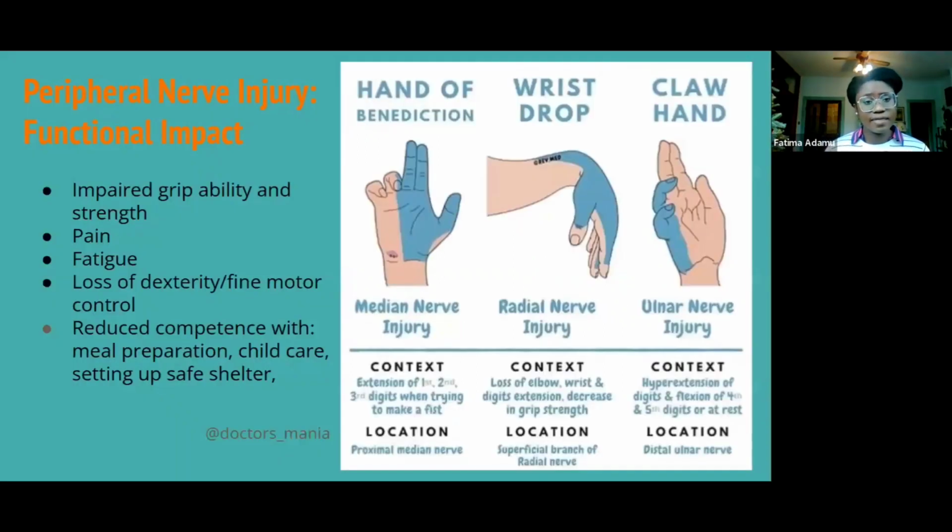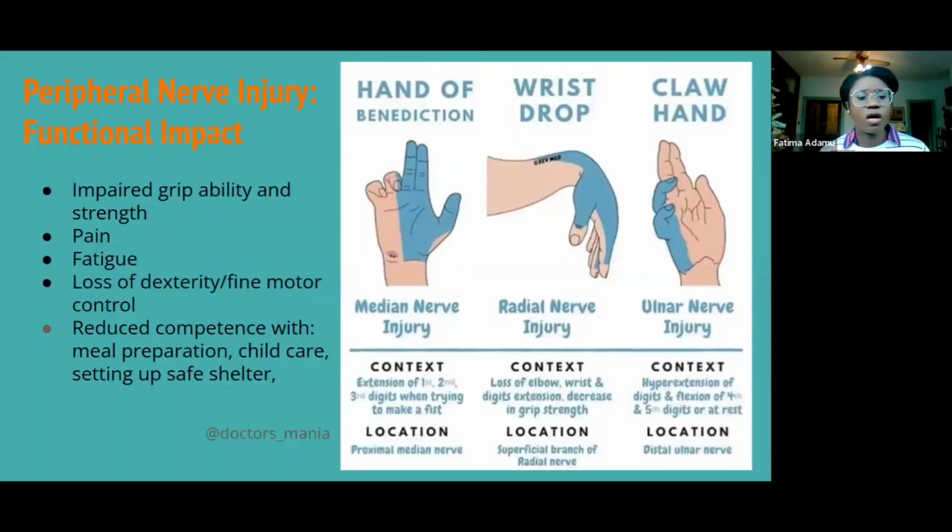Okay, functional impact of peripheral nerve injuries: impaired grip ability and strength, pain, fatigue. Because the electrical signals are not at full amplitude, people run out of energy very quickly when they're trying to use their hands for everything, getting dressed, childcare, making meals, loss of dexterity and fine motor control, also related to the fatigue, because you just don't have the energy and the electrical signals to fire, juice up the muscles.